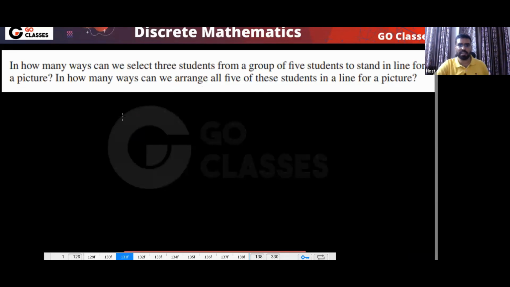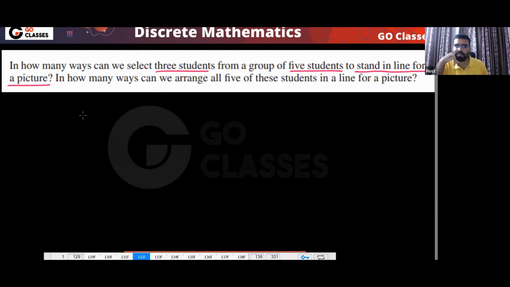Let's solve this question. In how many ways can we select 3 students from a group of 5 students to stand in a line for a picture? Does order matter or not?